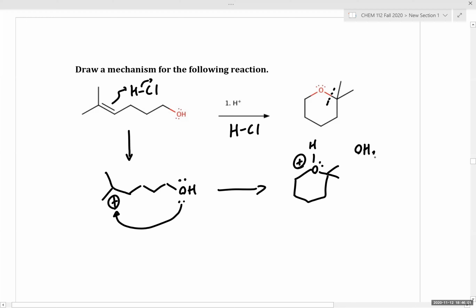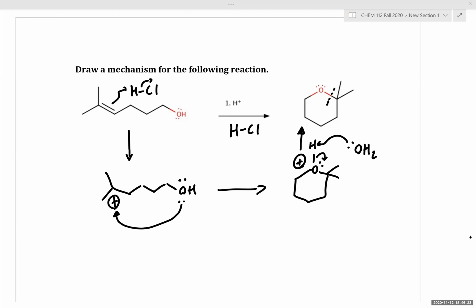And then in our last step, water just removes that proton to regenerate our neutral species. Does this process make sense to everyone?